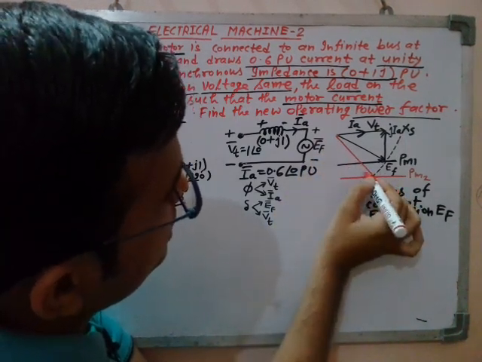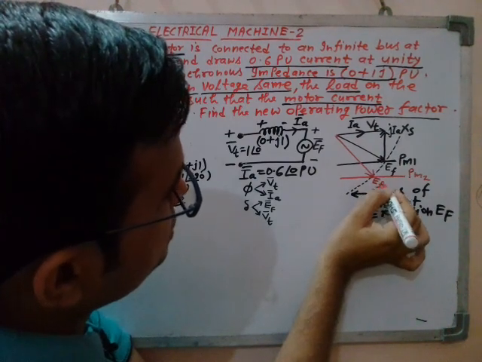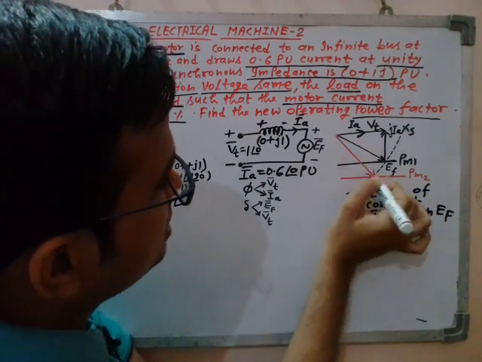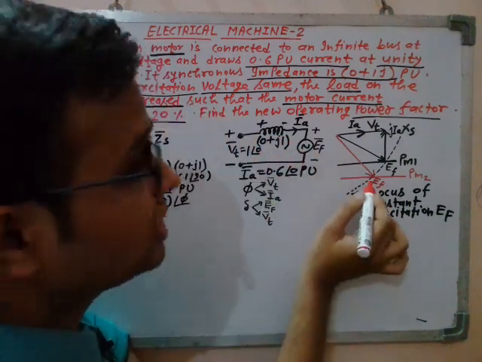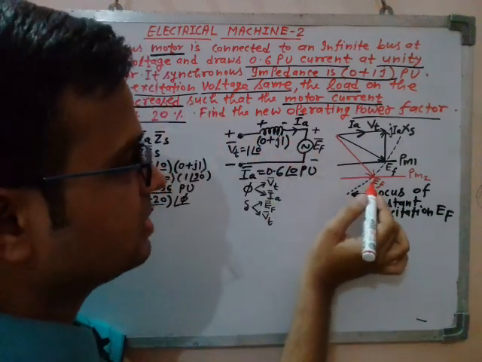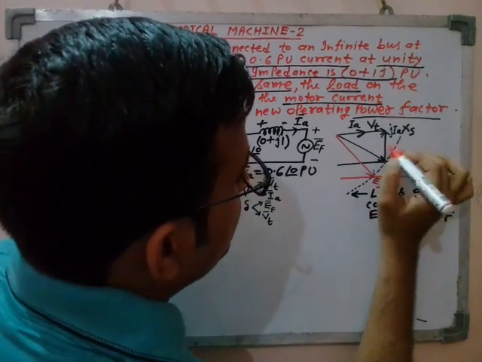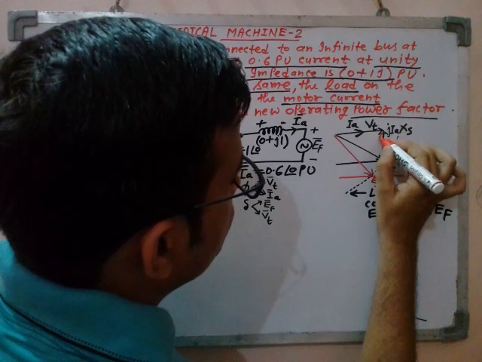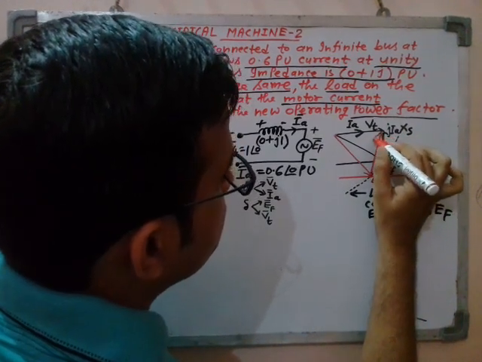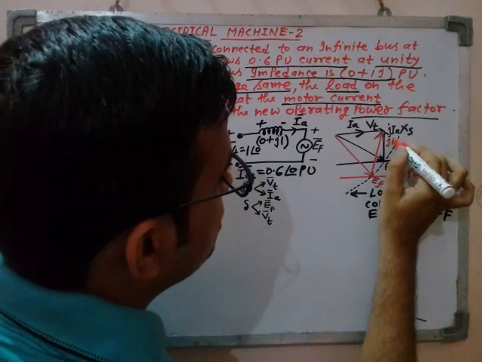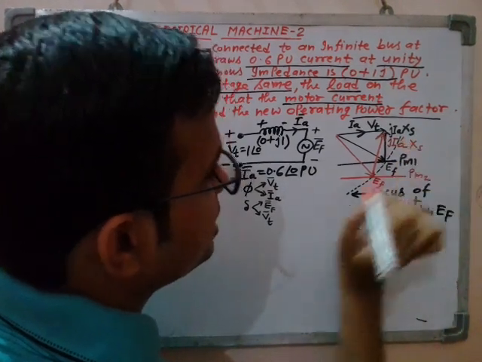You will get this excitation EMF, which is again the same, because you are taking this as constant excitation. You have to maintain the excitation same for the new case. Now join this point to this point, and you will get j IA times XS. Suppose the new current is IA dash in this case.